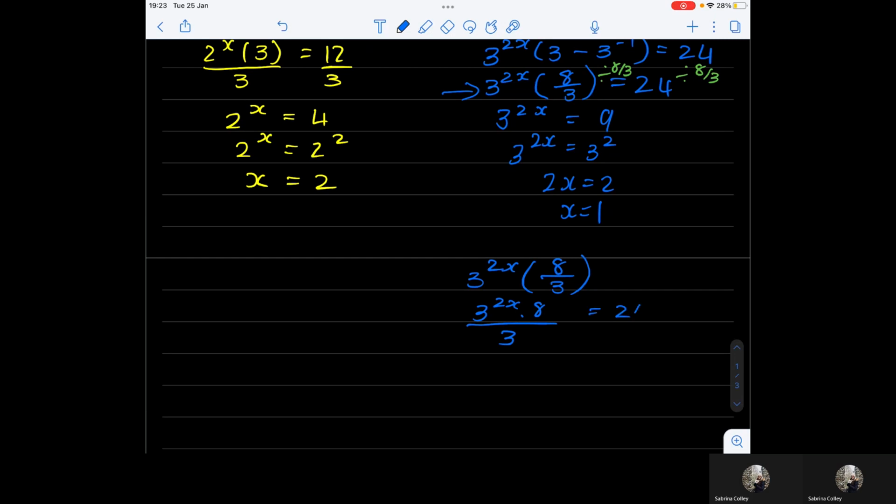To get rid of the fraction, I can multiply by 3 on both sides. If I've got 24 times 3, I've got 72. In the second step, I divide by 8. So it's going to give me 9. So you can also do it that way.